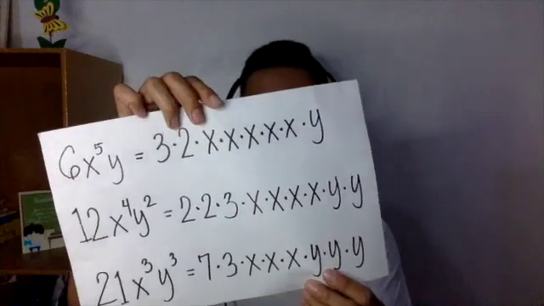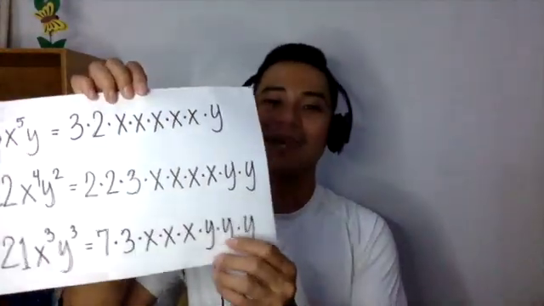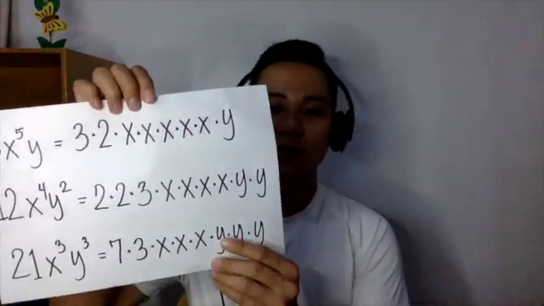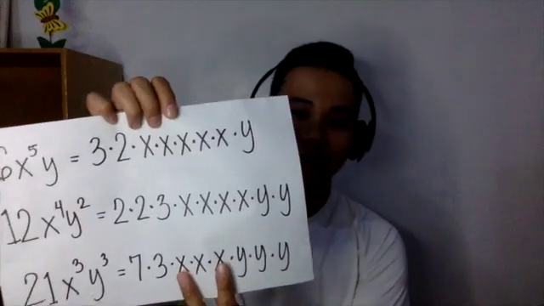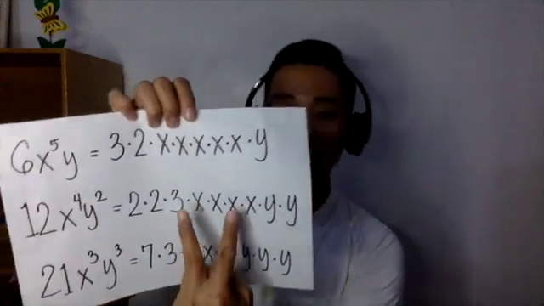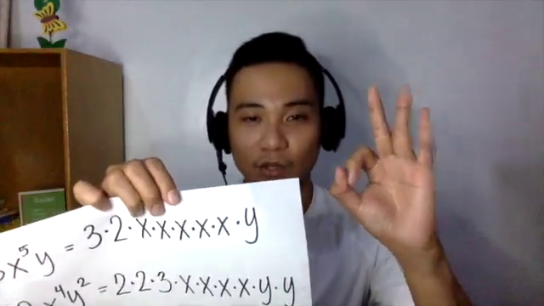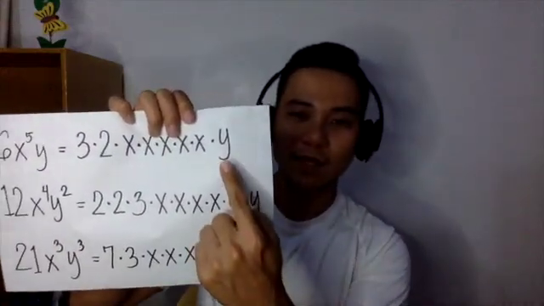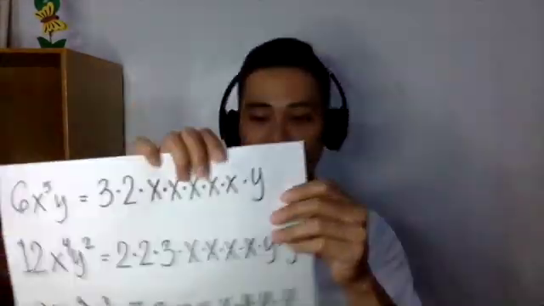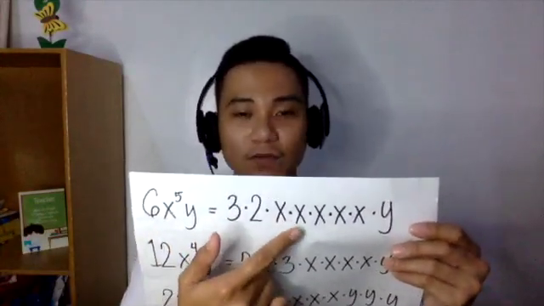Just look at the least number of x's. Since the least is 3 x's, we have x cubed. Next, for the y, since we have only one y in the first polynomial, just one y. So the GCF for this one is 3x cubed y.